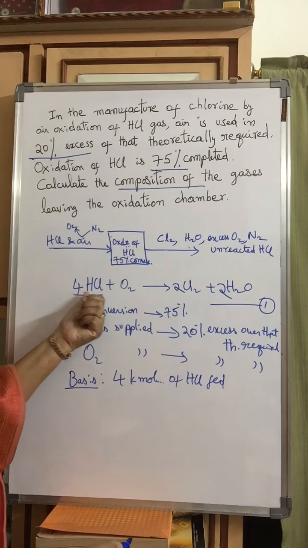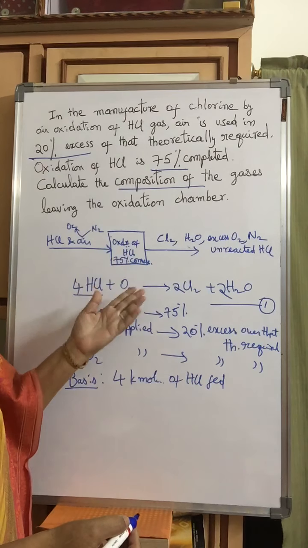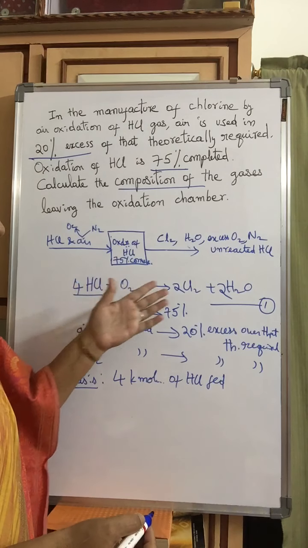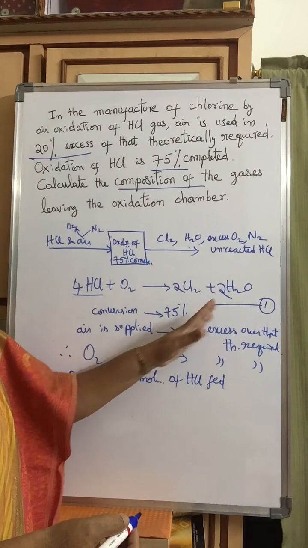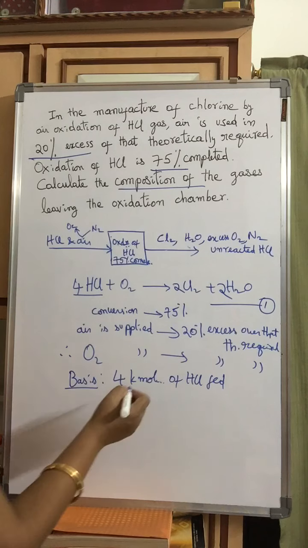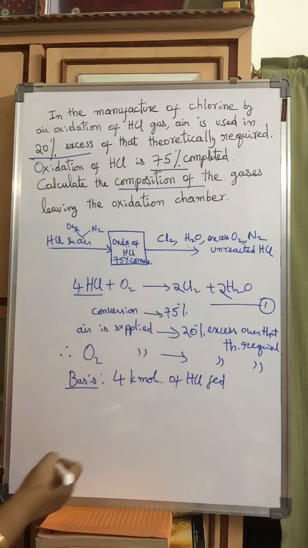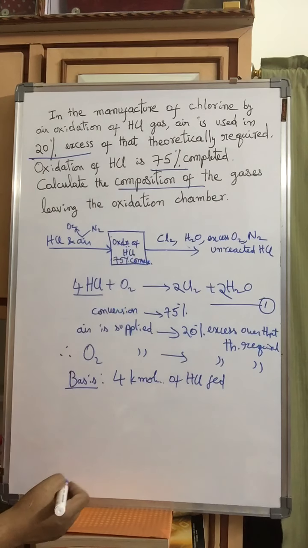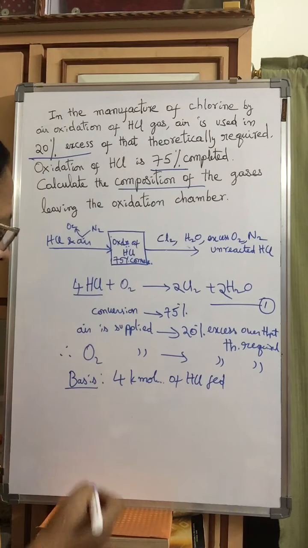Because if you take 4 moles directly, then oxygen theoretically required is 1 mole, 2 moles of chlorine will be formed, like that we can write all. Therefore 4 kilomoles of HCl fed. That is our basis. Now we select each component and write the balance.